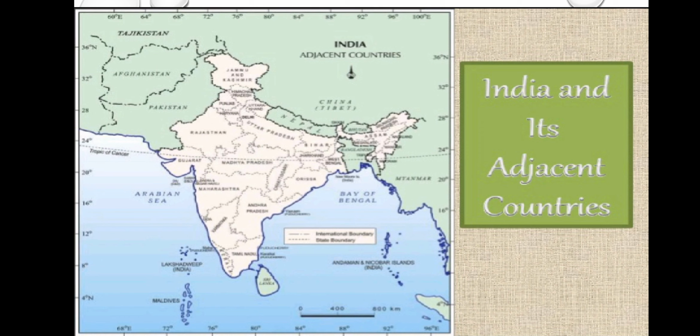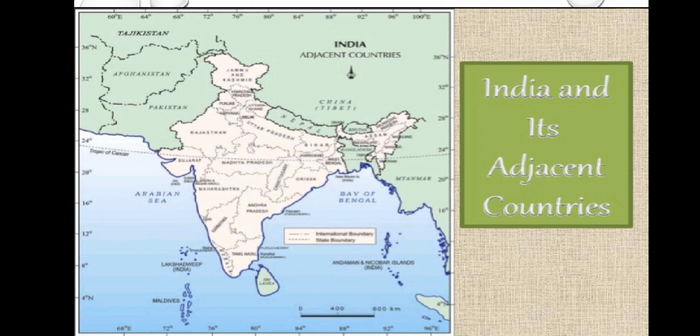Our southern neighbors across the sea consist of two islands, namely Sri Lanka and Maldives. Sri Lanka is separated from India by a narrow channel of sea formed by Pak Strait and Gulf of Mannar, while Maldives Islands are situated to the south of the Lakshadweep Islands.